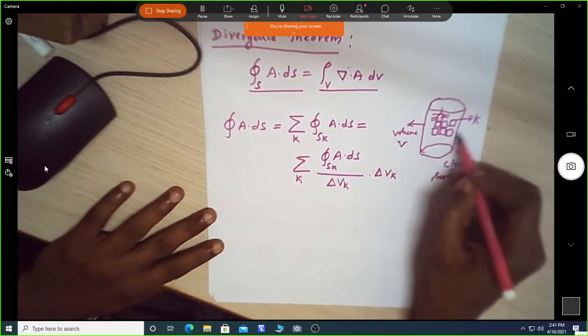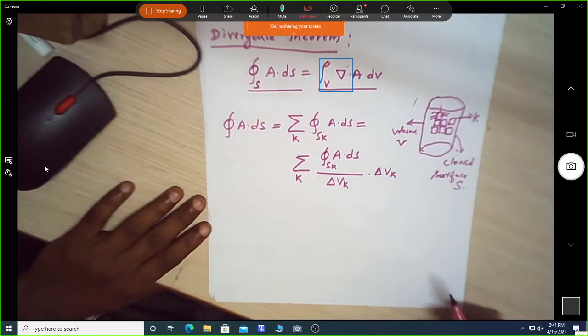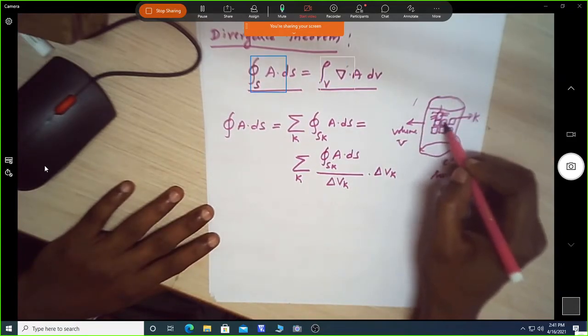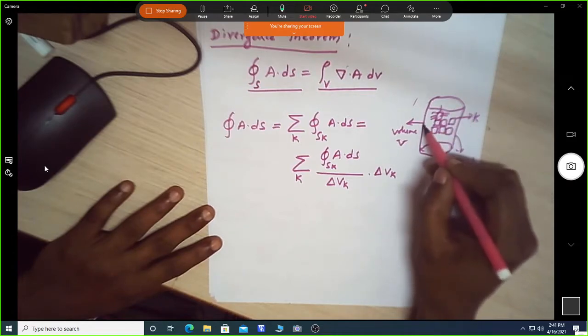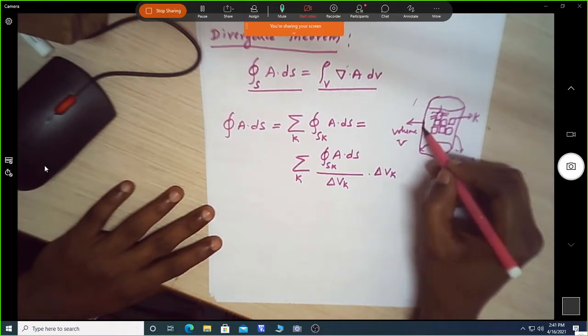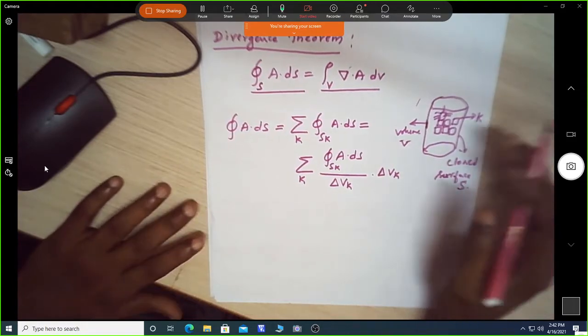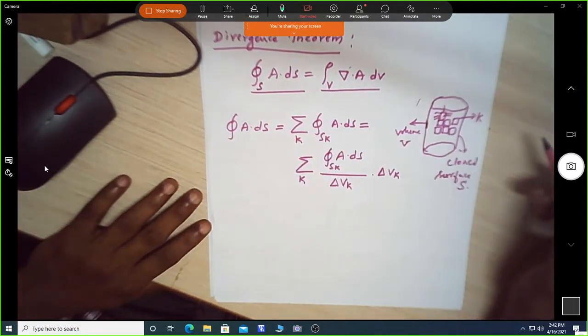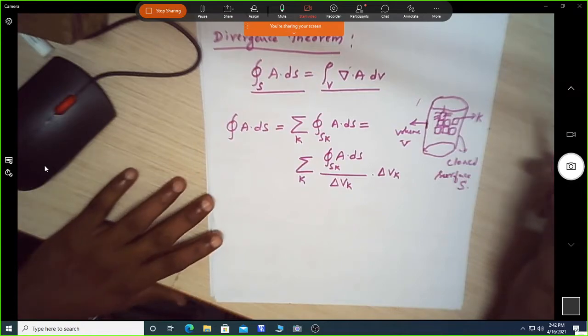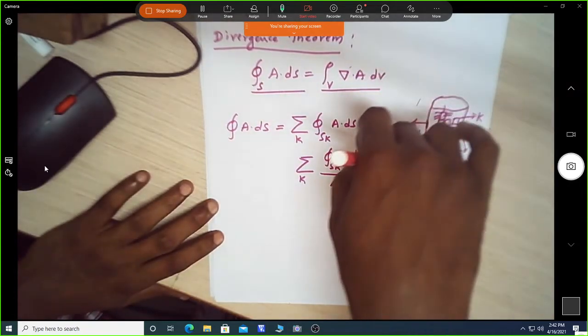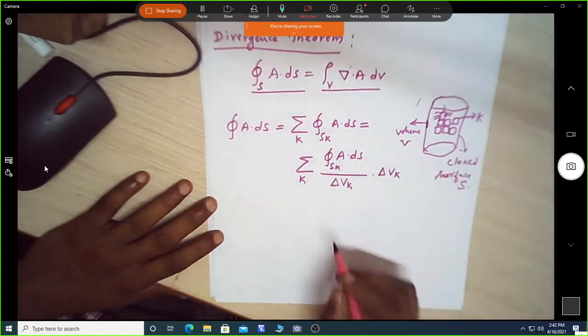So if I evaluate over the whole closed surface, all the interior contributions get cancelled, and only the outer edges remain. That addition of edge to edge gives the complete closed surface integral. And the volume tends to 0.